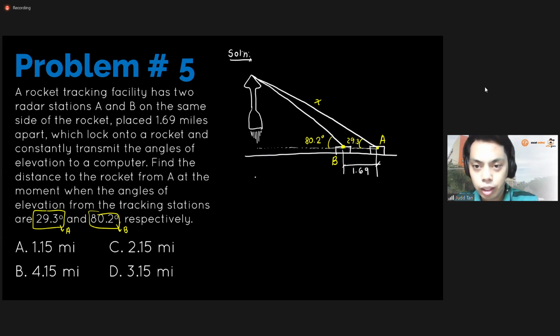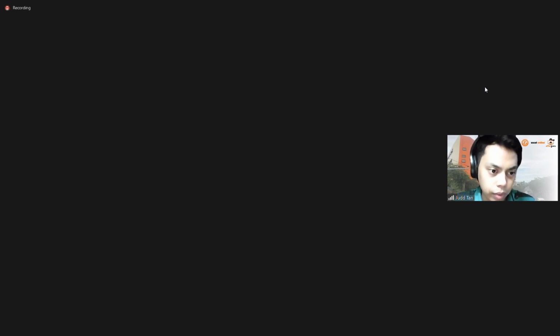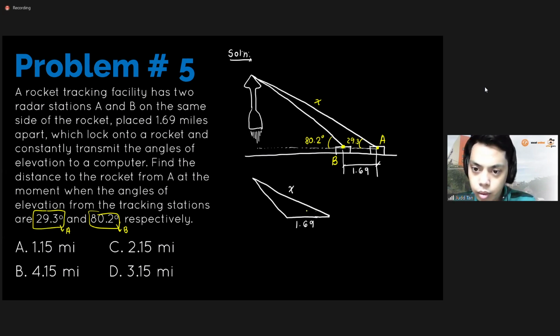So sige, i-draw natin ulit yung triangle. Isolate the triangle. So we have this one, that one, and that one. Kunyari lang, this is 1.69. This is X, and this is 29.3.